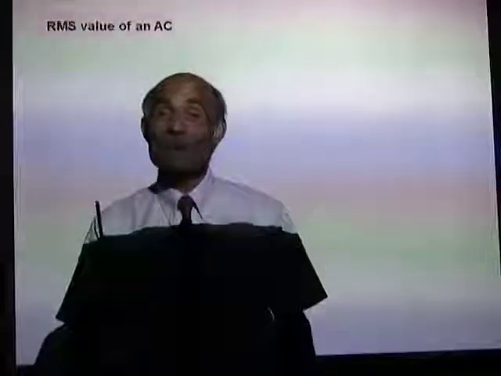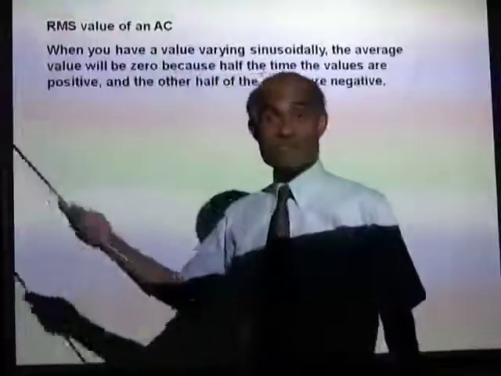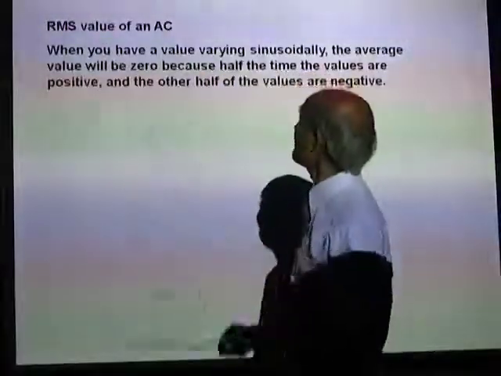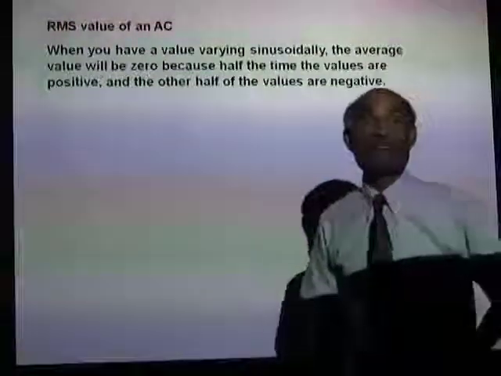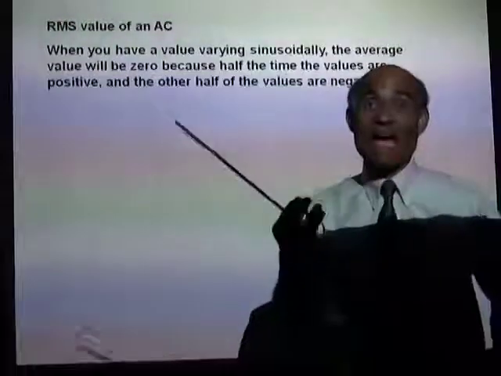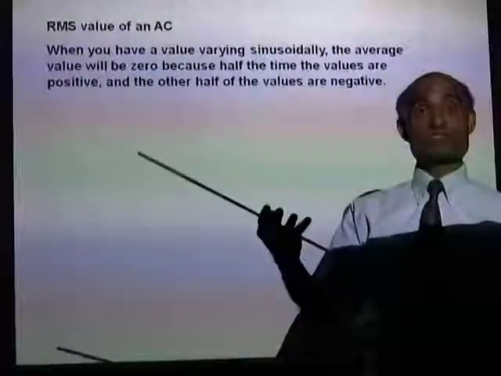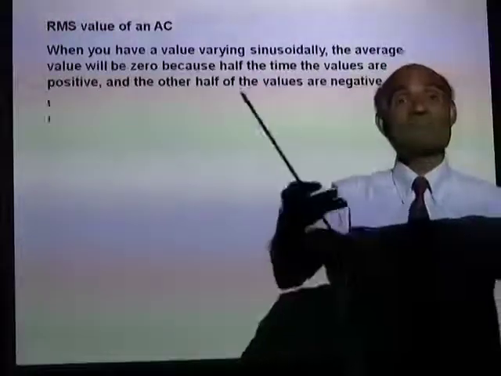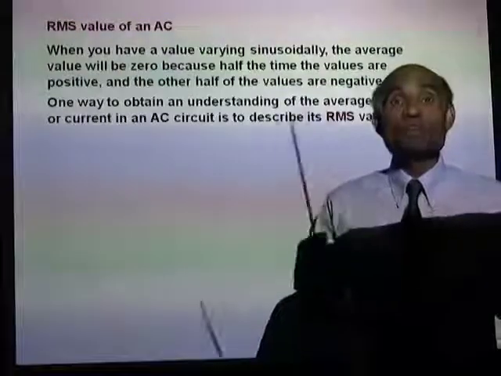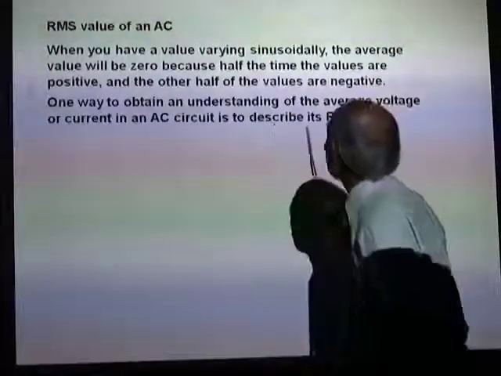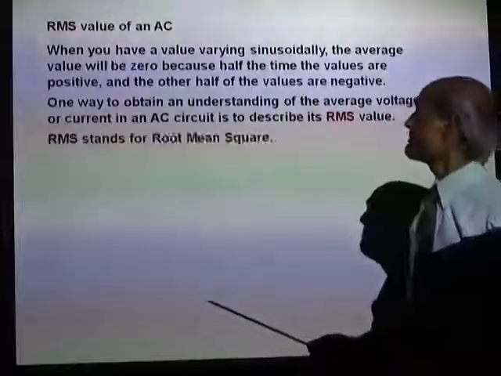If you remember how we obtained the root mean square velocities of moving molecules, it's the same concept here. When you have a value varying sinusoidally, the average value will be 0 because half the time the values are positive and the other half the values are negative. One way to deal with this is to describe what we call the RMS value.